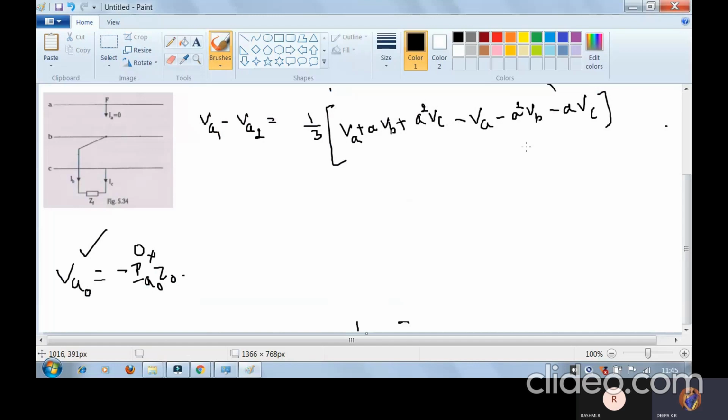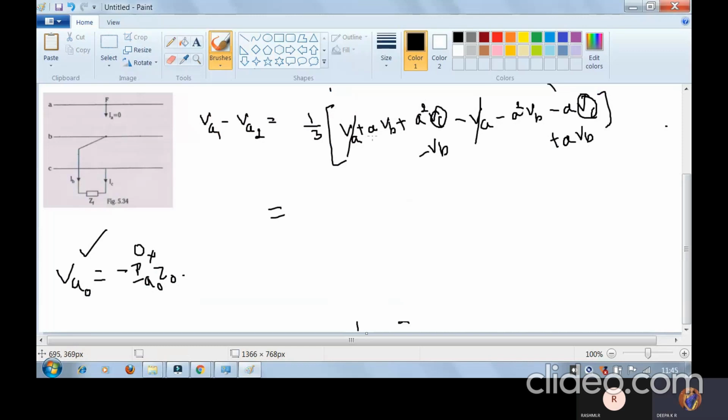But we have an opportunity to change this term. I'll write VC as minus VB. Again the same thing here: minus into minus becomes plus A into VB. Let's see if it is possible to cancel. VA plus VA minus VA gets cancelled.